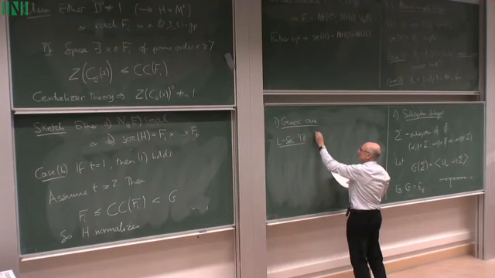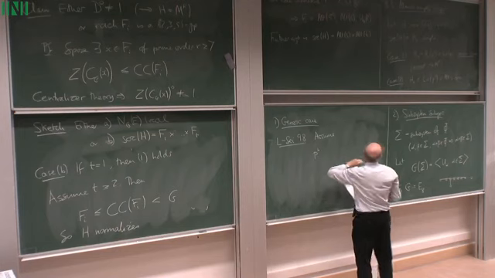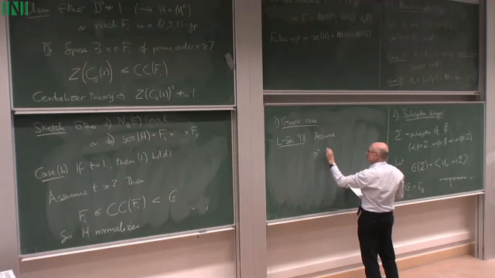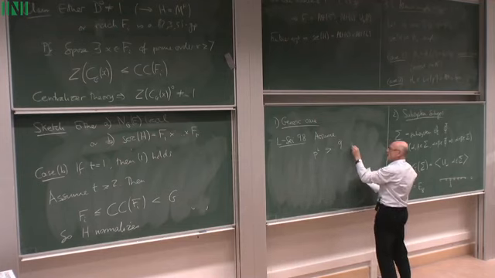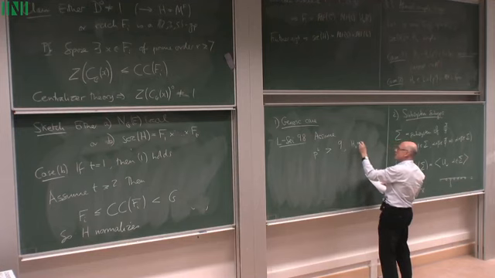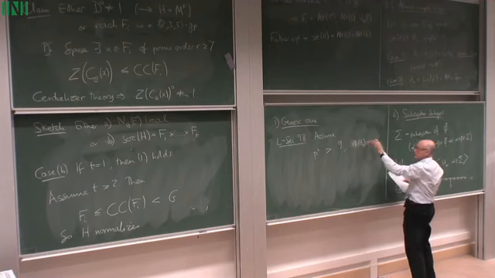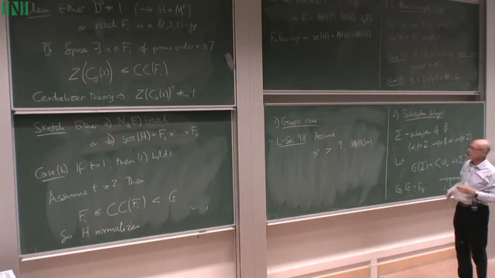So let's assume that the field over which H0 is defined, p to the b, is greater than 9, as I said, if the rank of H0 as a simple group is bigger than 1, so we're not PSL2 or a Suzuki or small Ree group.